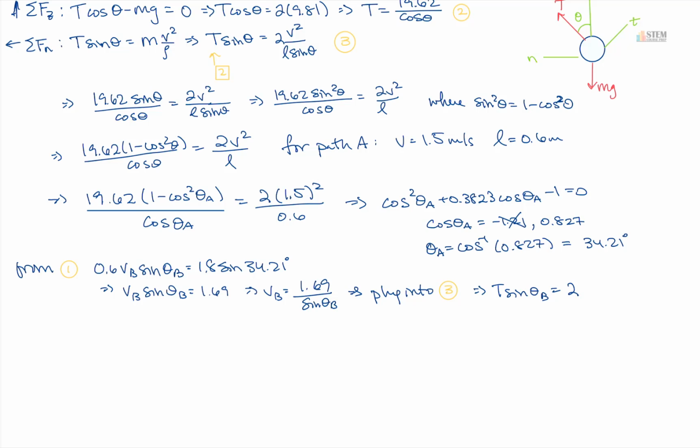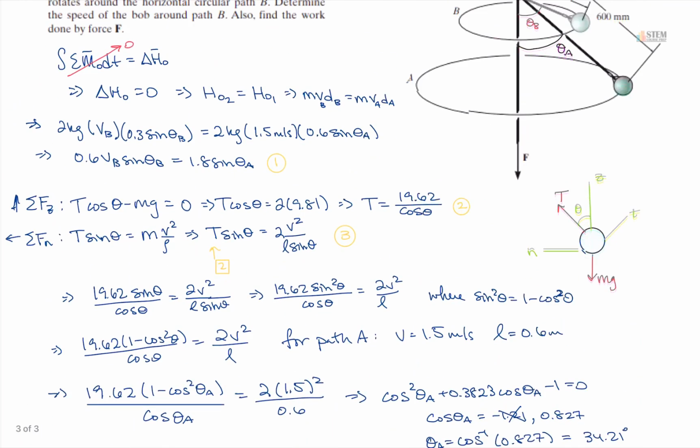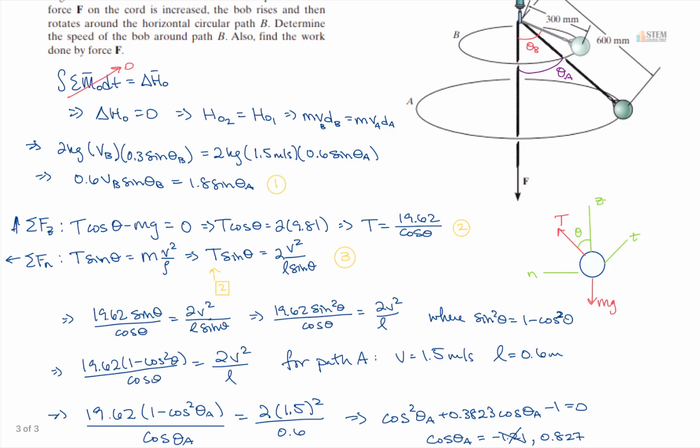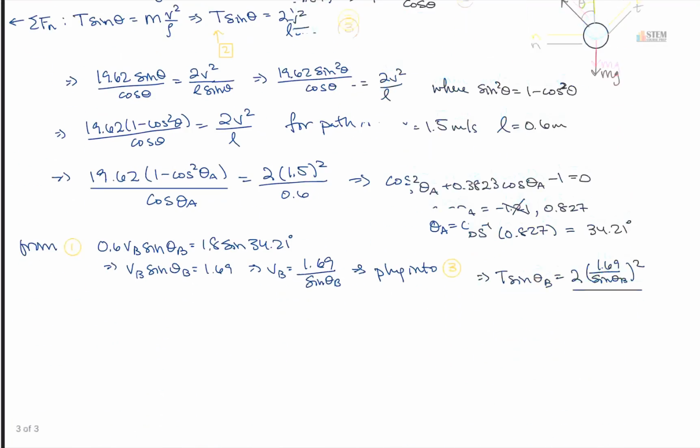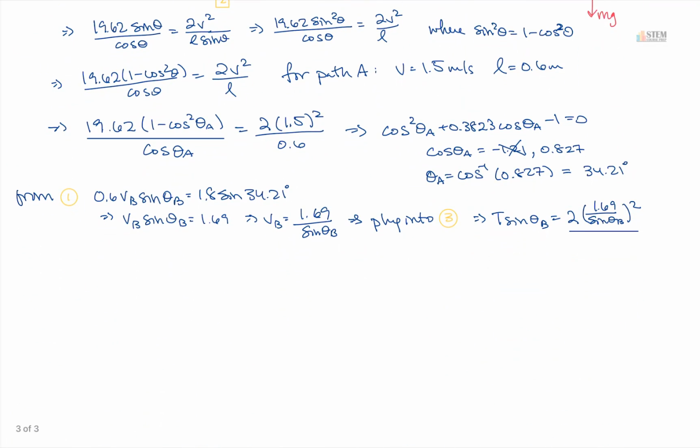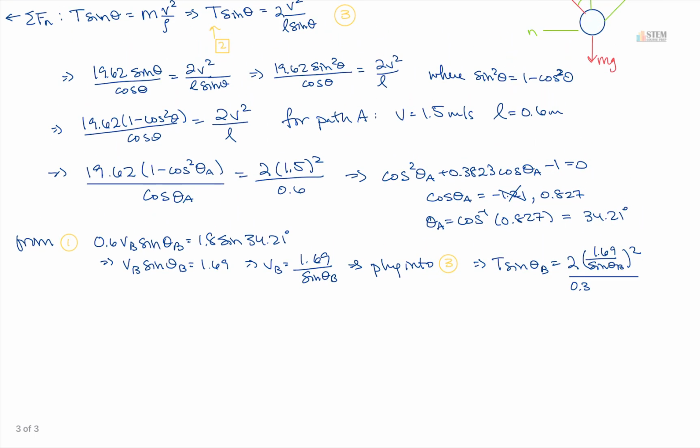I need VB squared, so that's 1.69 over sine theta B, let's square that, and then divide it by L sine theta. Now L for path B is a different value, that's the 300 right there, so we have 0.3 meters. So let's put 0.3 meters here, and then it needs to be times sine theta B.